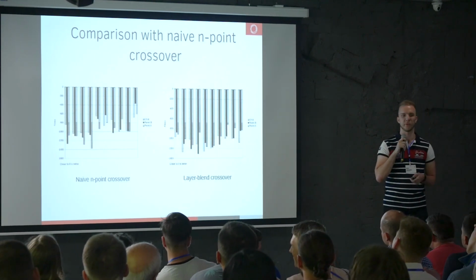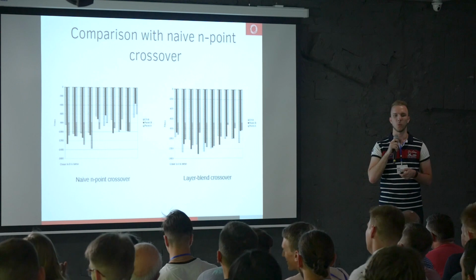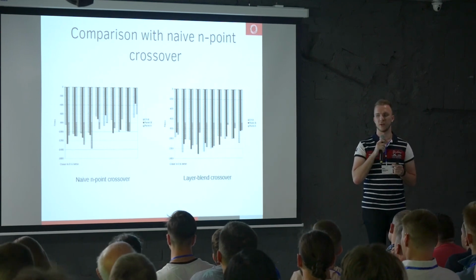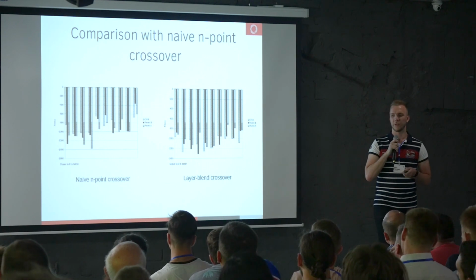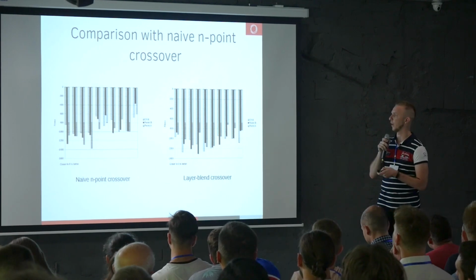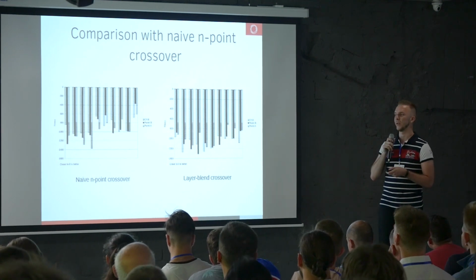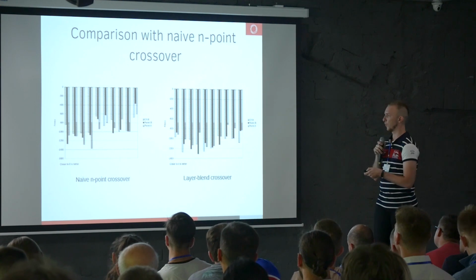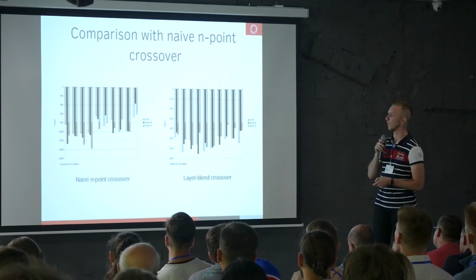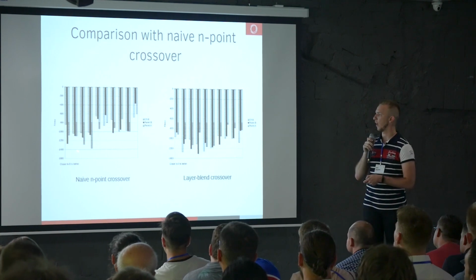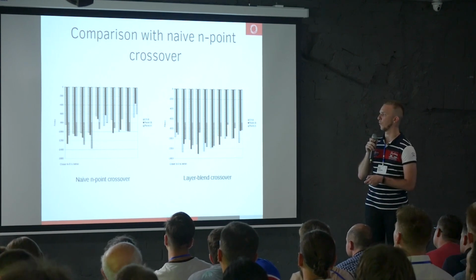So this is a comparison with naive endpoint crossover, where the endpoints were taken for each point where the layers are stacked. Here you can see child A, child B, parent A, parent B, and their child, and the fitness. The closer to 0 is better. You can see that for naive endpoint crossover, most of the children have lower fitness than their parents.